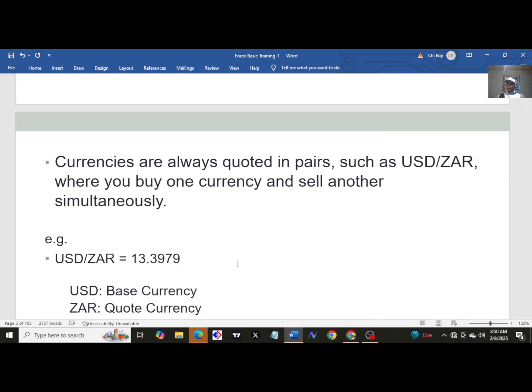Now you see that the US dollar is becoming weak against the ZAR, which is the South African rand, probably based on economic news, government activities, or purely based on the movements on the charts or historical price movement.